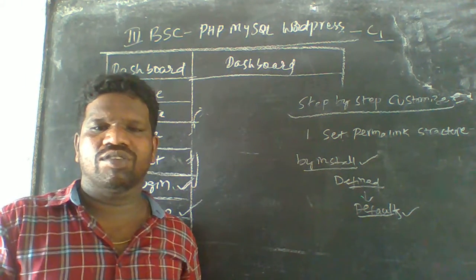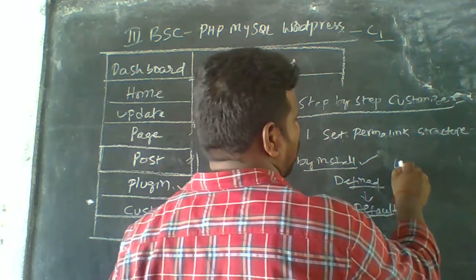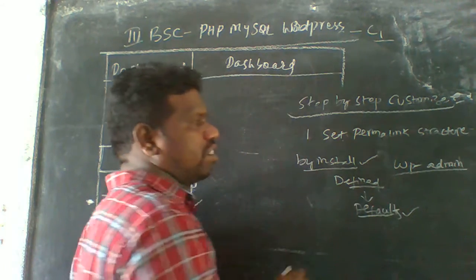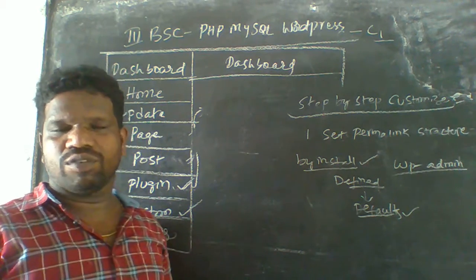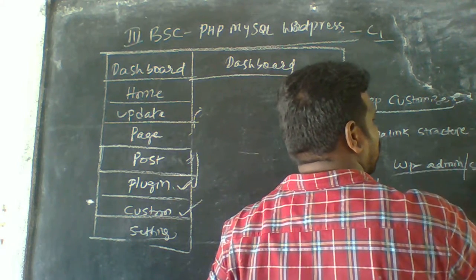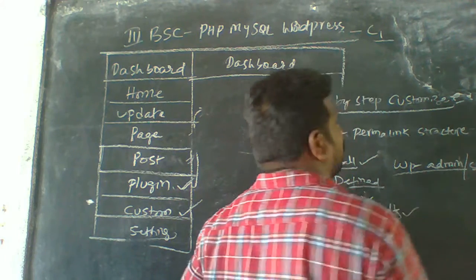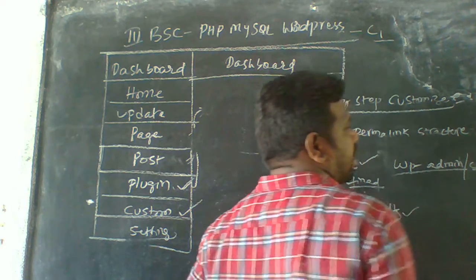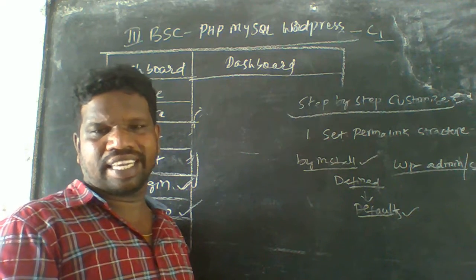If you go to wp-admin and settings, we have to use settings and permalink settings. This is called permalink, and you will see the permalink settings available here.